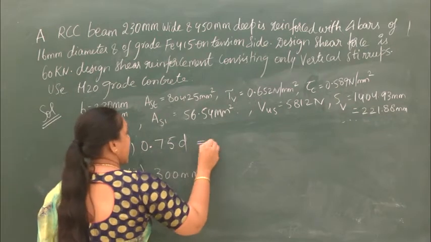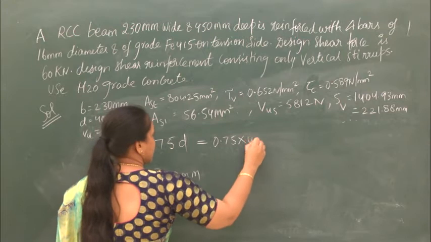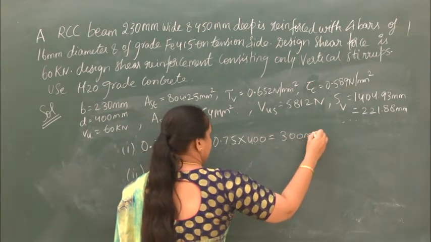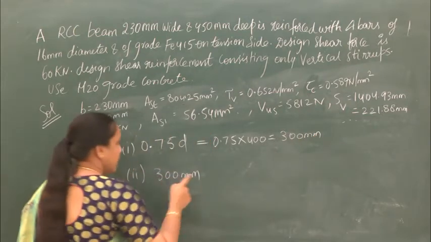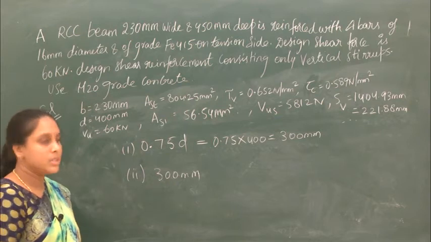Now let us calculate this 0.75 into d. d is how much here? It is 400. It will give you 300 mm and 300 mm. That is the second case, that is for the maximum spacing.